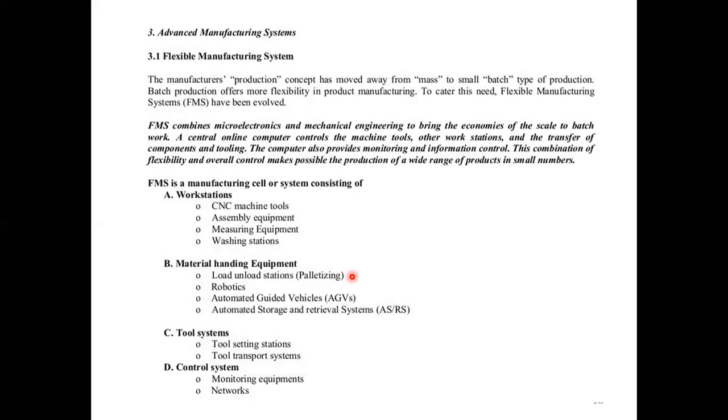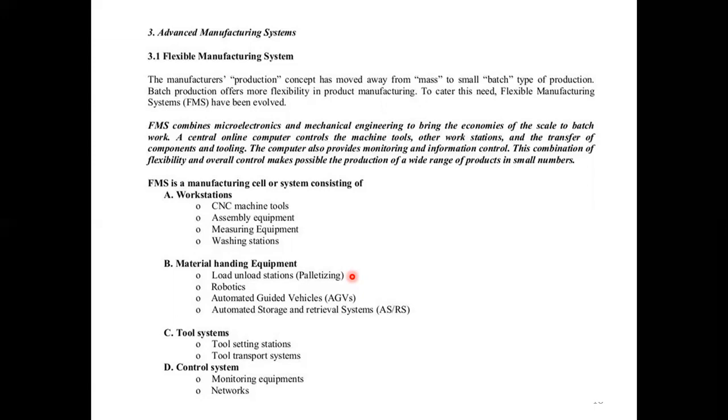So FMS is a manufacturing cell or a system. It consists of workstations, material handling equipment, tool systems, and control systems. That is, CNC workstations having CNC machine tools, assembly equipment, measuring equipment, washing stations like that.